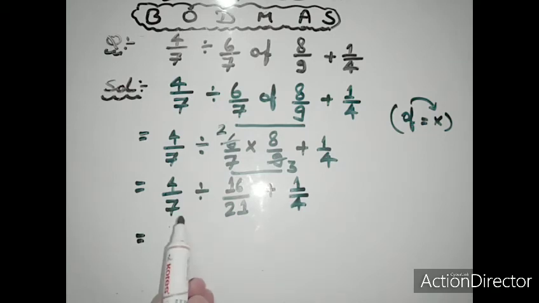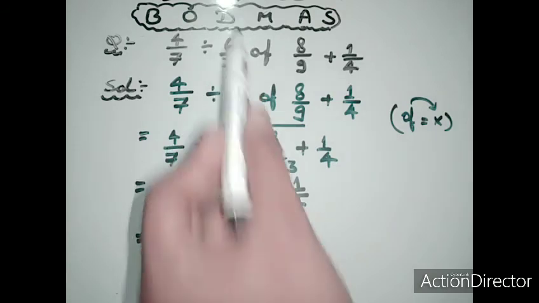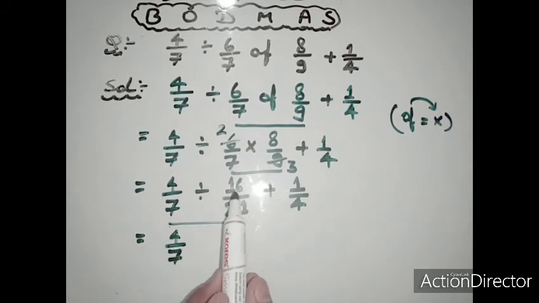Now students, here after the of, there is division here, right? So here we solve this part of this question. And dear students, you will know how we solve division of fraction numbers. So what we do here, we write 4 upon 7 as it is, and here we take the reciprocal of the second fraction.